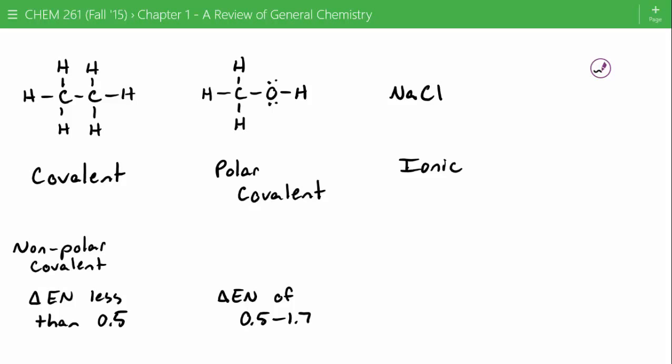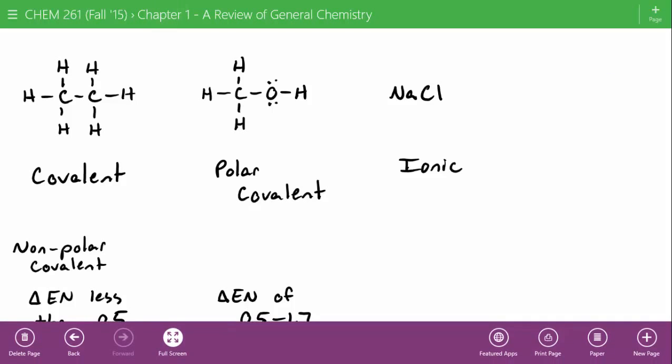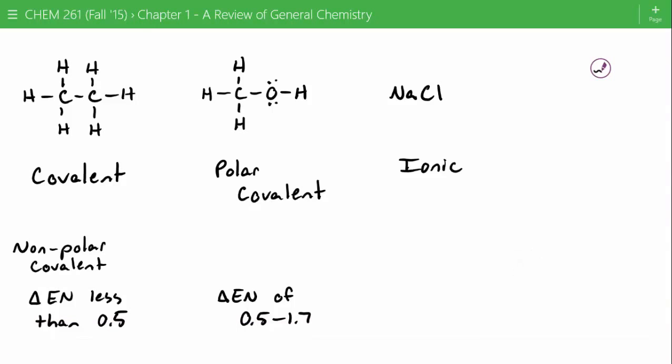If we look at ionic bonds, these have a difference in electronegativity of more than 1.7. So in this case, are the electrons even being shared anymore?